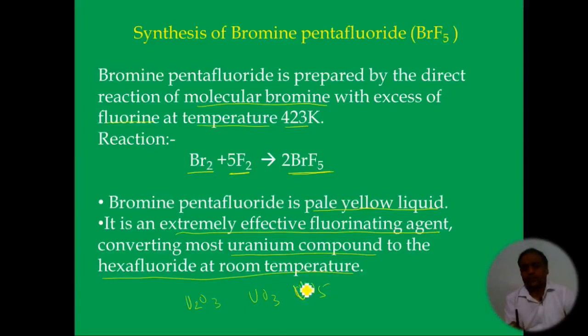These are some uranium compounds found in uranium mines. These uranium compounds can be converted into uranium pentafluorides or uranium hexafluorides by using bromine pentafluoride.